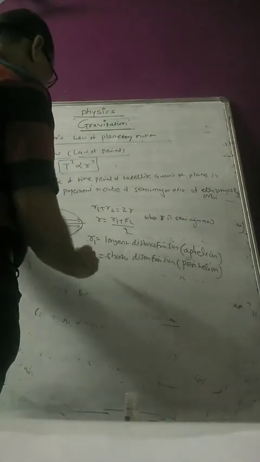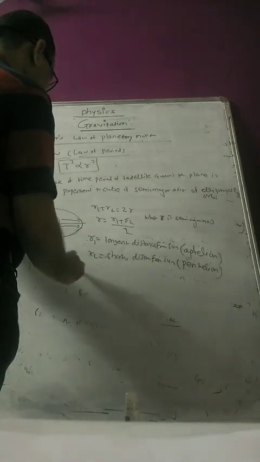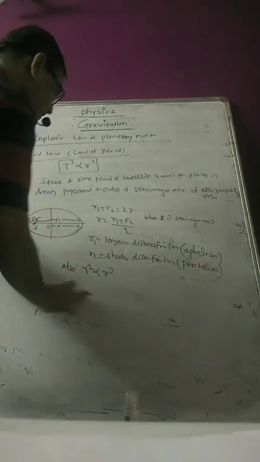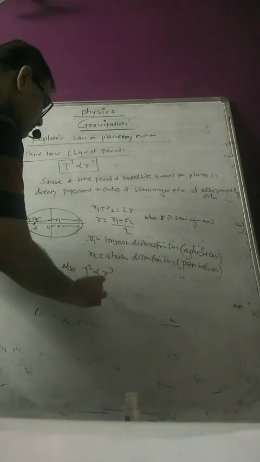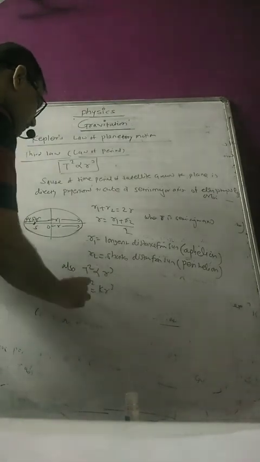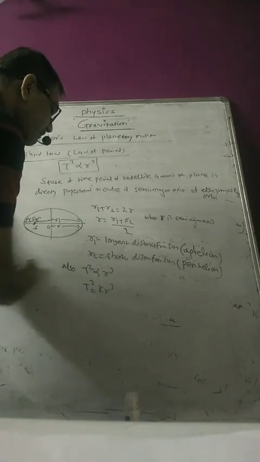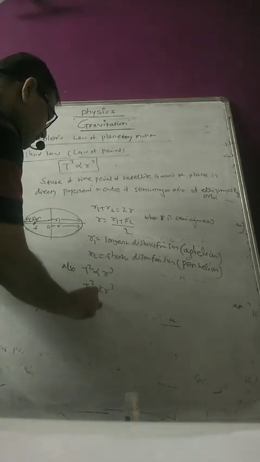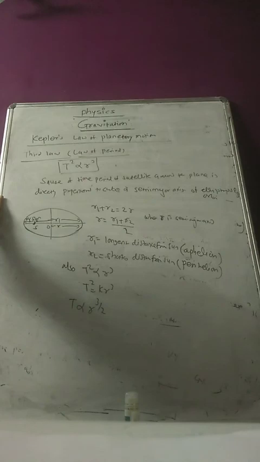If we remove the sign, then that formula can be written as T square is directly proportional to R cube. So therefore T square is equal to some constant into R cube. मग मुलांनो मी याला असं पण लिहू शकत होतो, T is directly proportional to R raised to 3 by 2. Okay, you can write down this formula like this also.